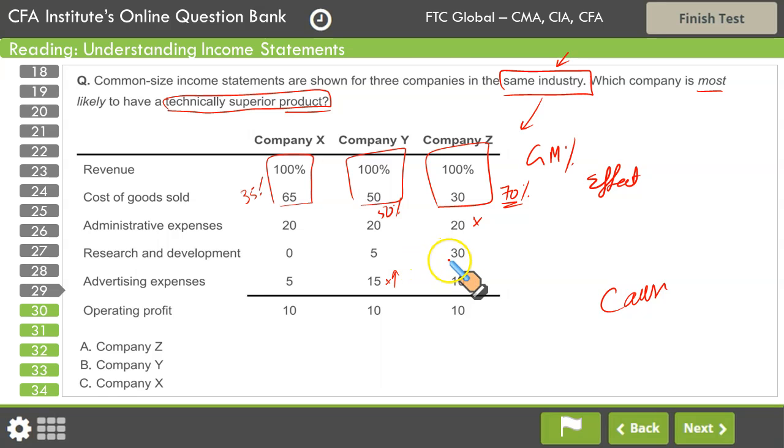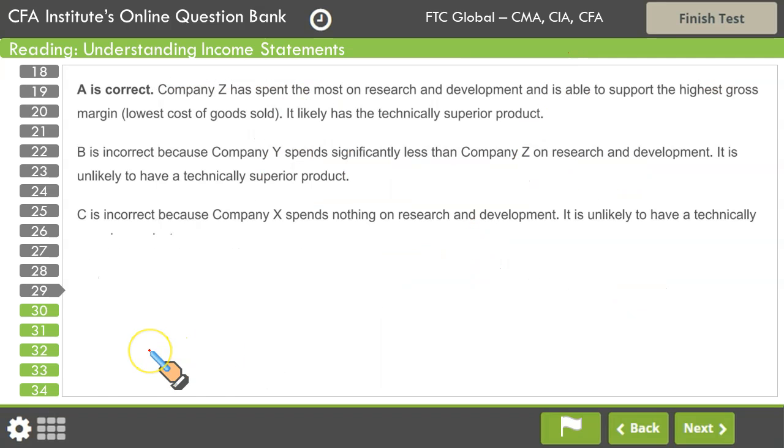Then the justification why Z has a higher margin and a technically superior product is that firm Z is spending more on research and development. That's the cause. This is the effect. Cause and effect will tell you which firm has the technically superior product: gross margins, and the spending on R&D will tell you. So that gives you A as your correct option. A it is.